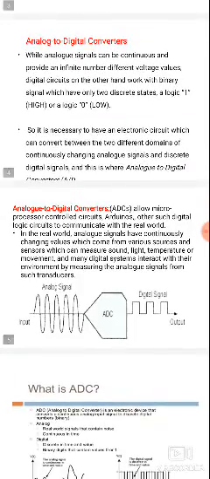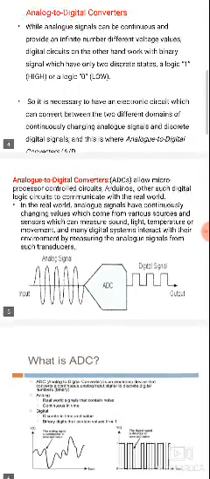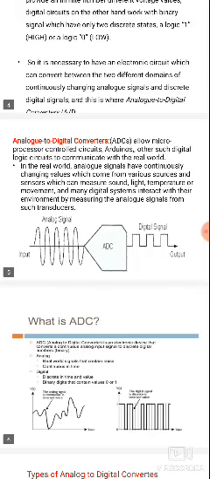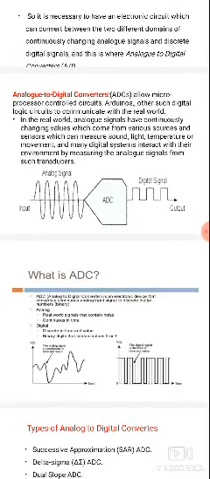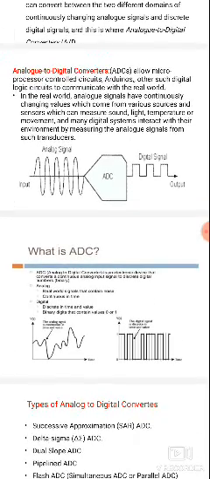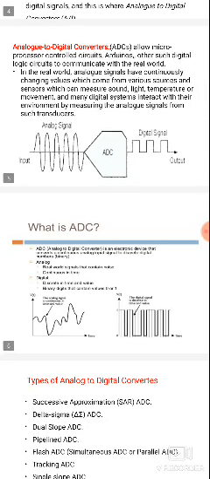The analog input is in terms of voltage or current, and the main disadvantage of an analog signal is that it changes continuously with respect to time. That is, the amplitude changes continuously, and analog signals contain more noise compared with digital signals.